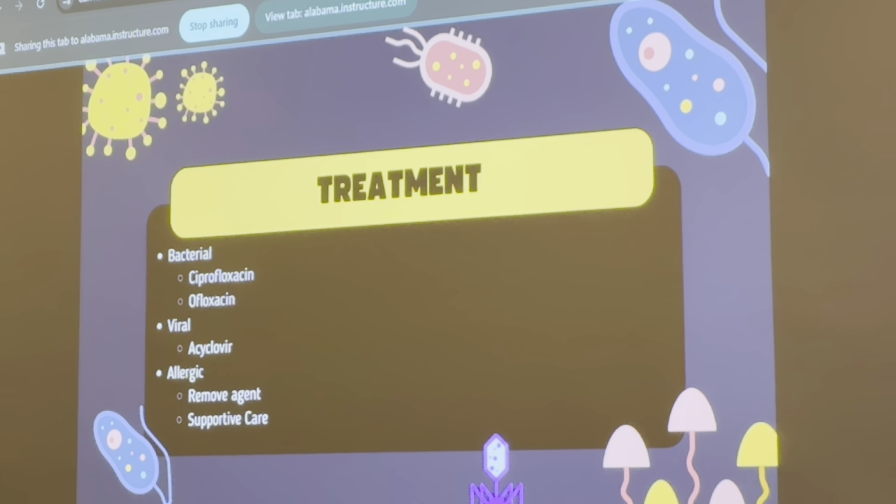Remove whatever's affecting the eye. Whatever that irritant is, whatever that allergen is, remove it. Symptoms should get better. But we can also see some supportive care as well, so artificial tears, maybe some Visine, things like that, just to hopefully calm down, moisten that eye, hopefully reduce some of that itchiness, that redness, things like that.